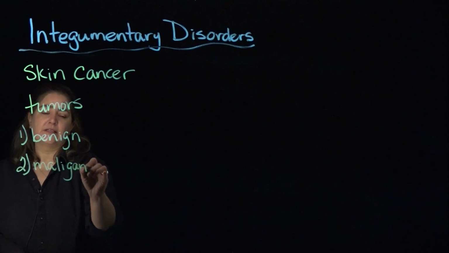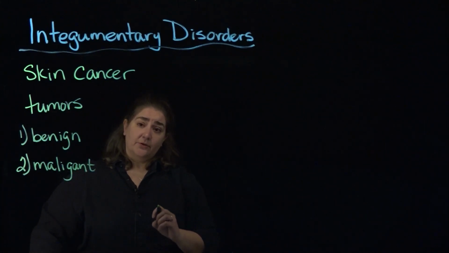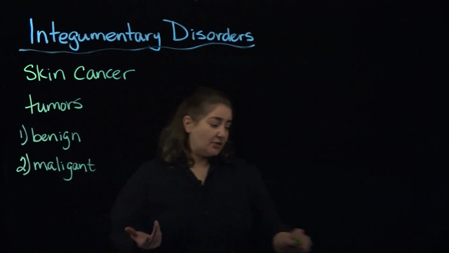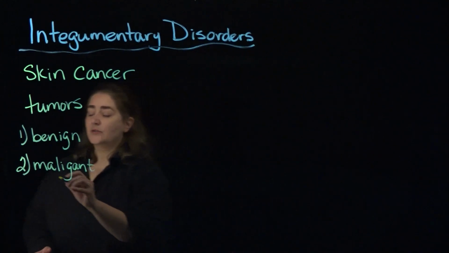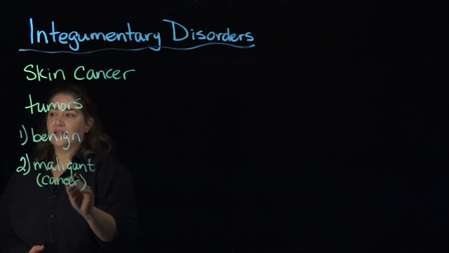Or they are malignant, meaning they've gained that ability to move to other locations within the body. So with the two tumor types, again, the malignant tumor, this is what we classify as cancer.